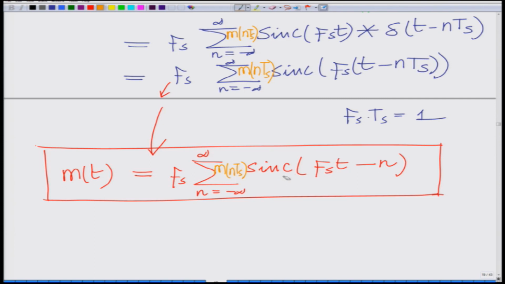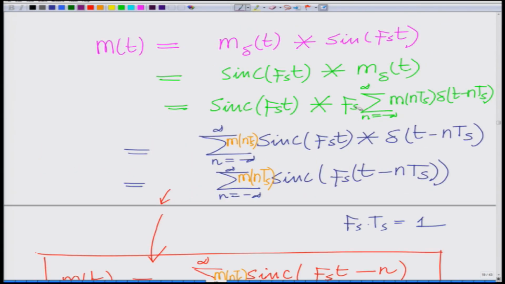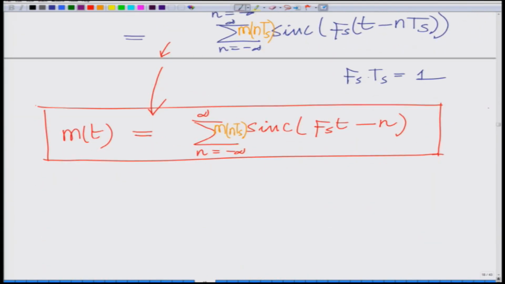So, what we are doing is basically we are shifting, of course, there is no Fs, because this is simply your m of nTs into delta t minus nTs. So, this is simply m of nTs.